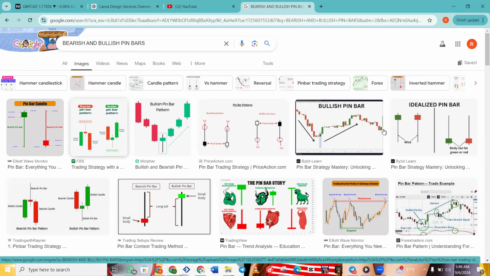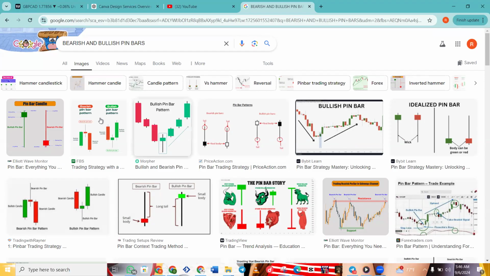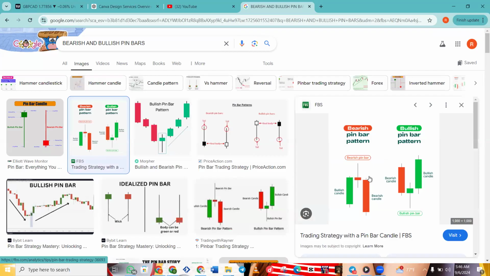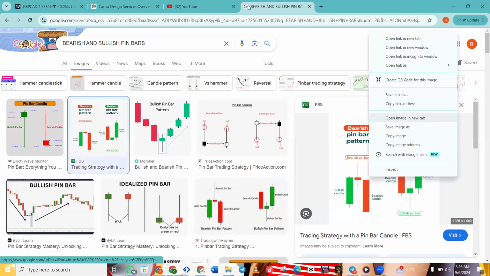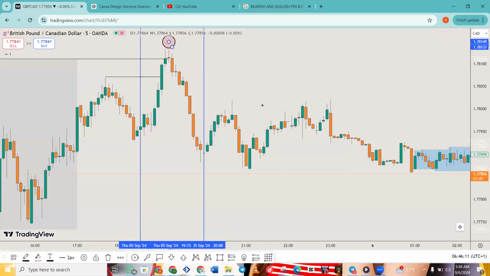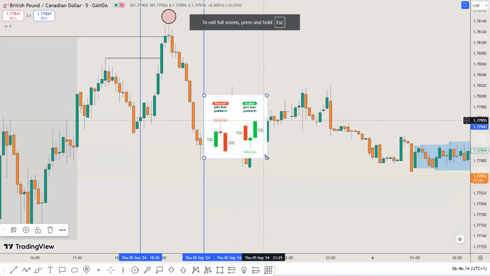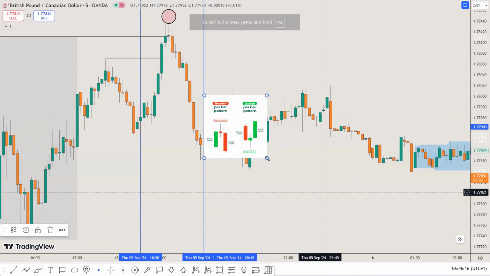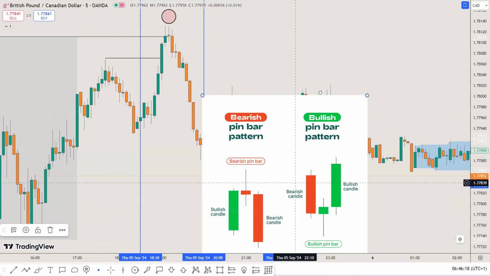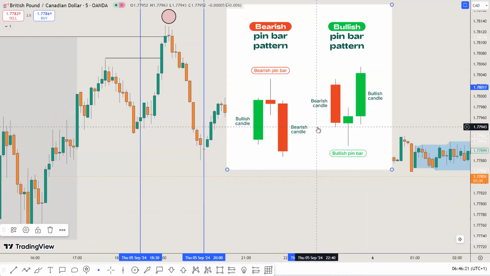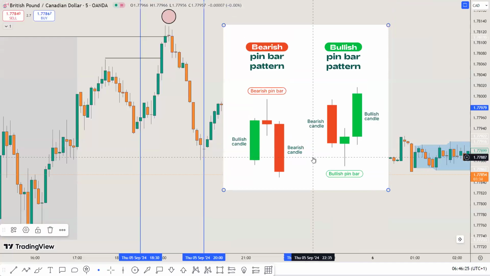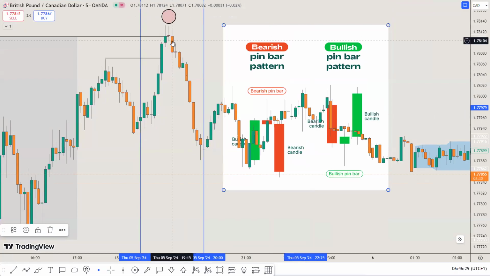So basically, this is what a pin bar looks like. A bearish pin bar. So I'm just going to extend it. I'm going to copy it so that in case I need it, I can always use it. So this is a bearish pin bar which formed here.